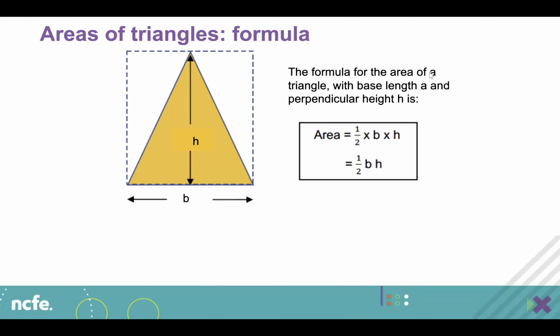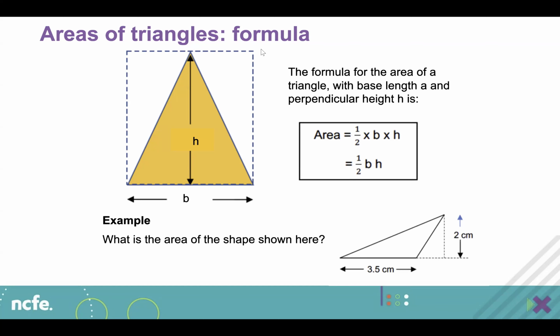So the formula for the area of a triangle with a base length B and a perpendicular height H is half times B times H, or half BH, half base times height. So what is the area of the shape shown below?